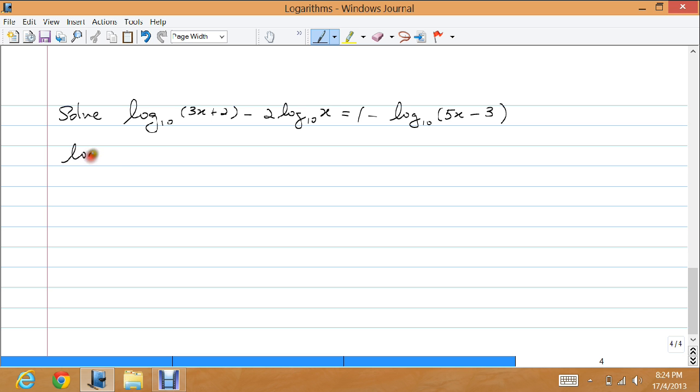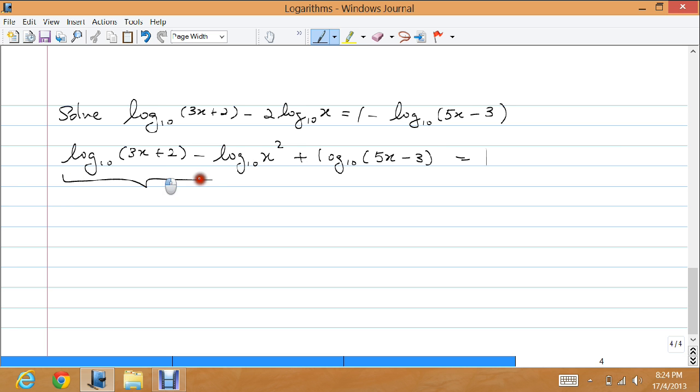So again, we try to rewrite them as log base 10 without anything in front. So I bring this 2 up, I get minus log base 10 of x squared. Let's bring the other term over, plus log base 10 of 5x minus 3, and leave the 1 alone. For the first two terms, I can apply my law of differences to get log base 10 of 3x plus 2 over x squared.